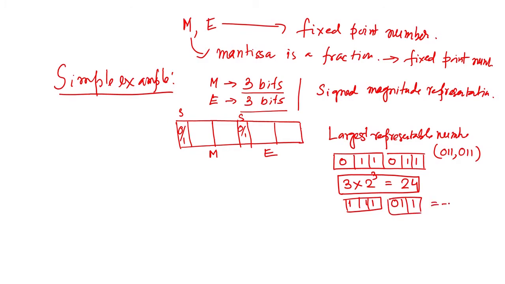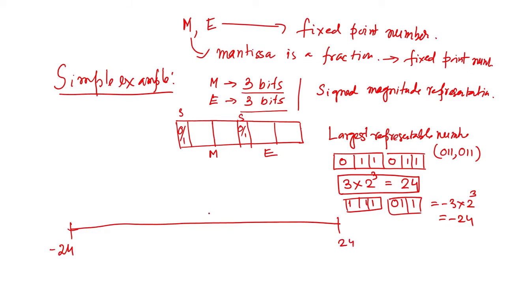This will give you minus 3 into 2 to the power 3, so this will be minus 24. If you draw it on the real line, this will be minus 24, this will be 24, and somewhere here is 0.